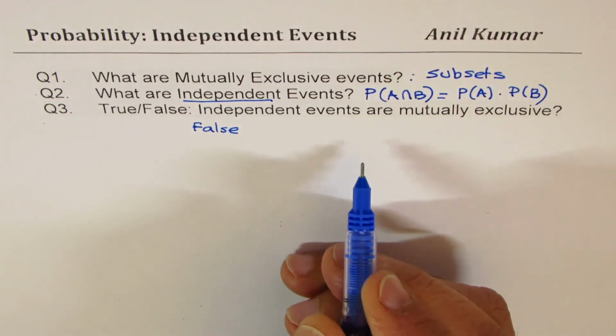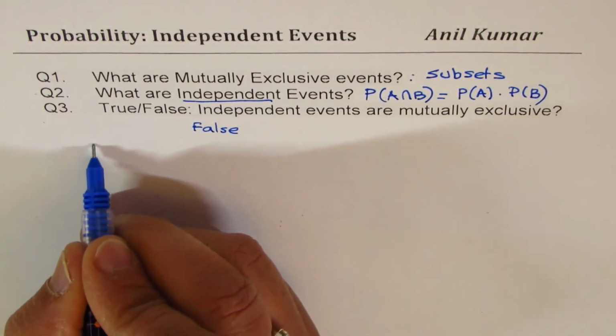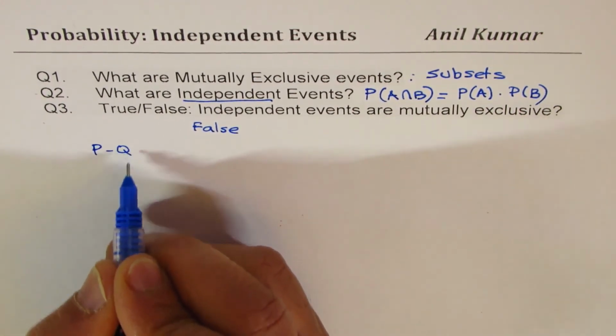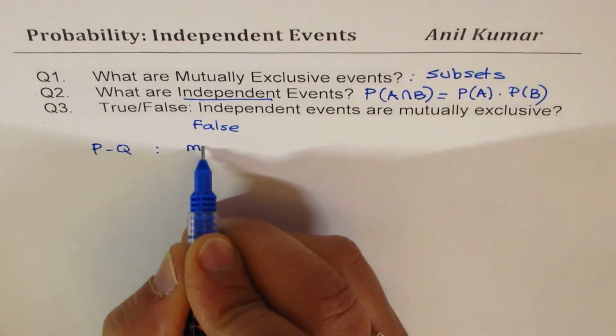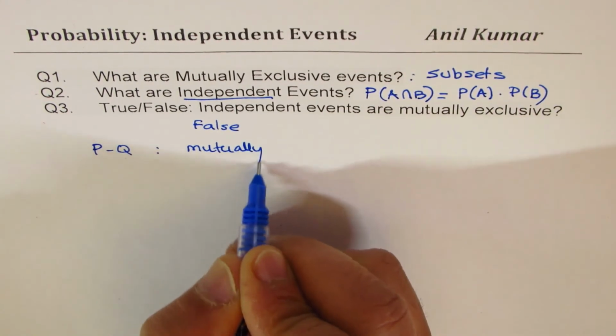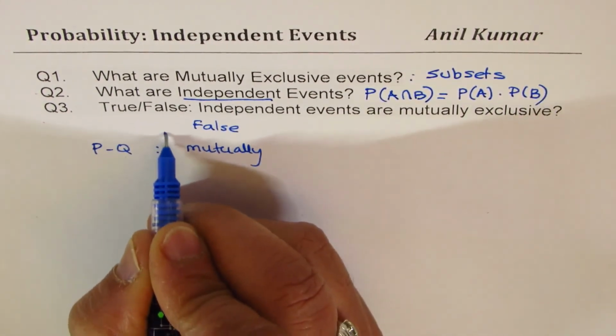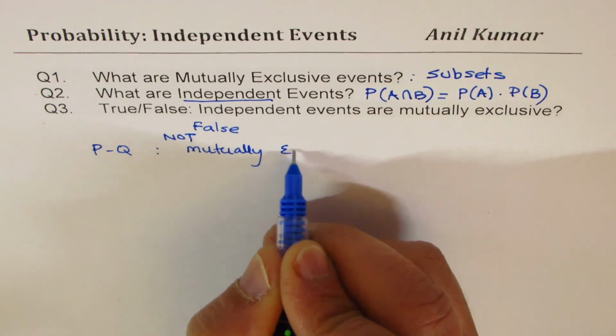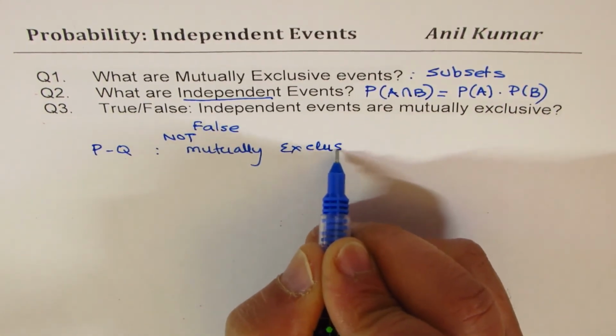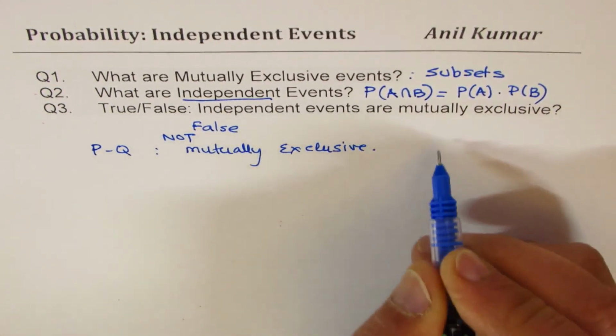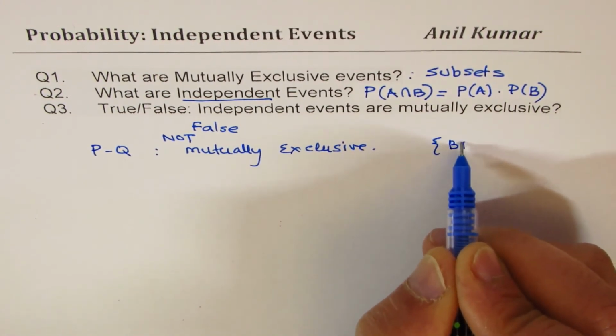We saw in our example that P and Q were not mutually exclusive, since they had a common element, right? They had three boys in common.